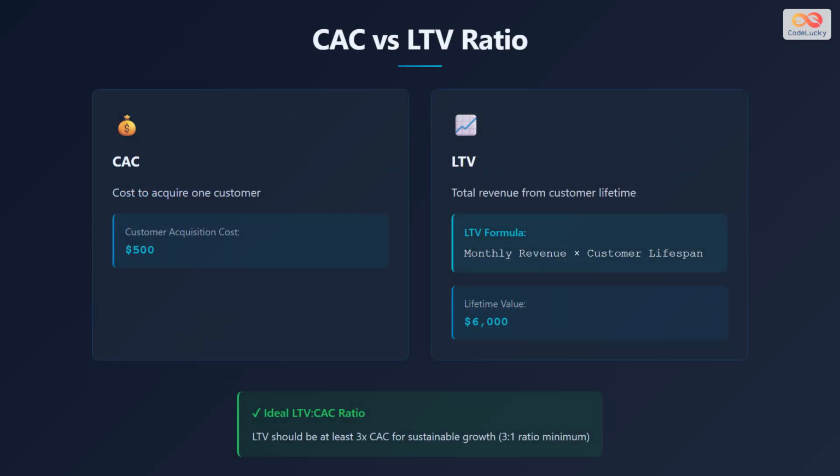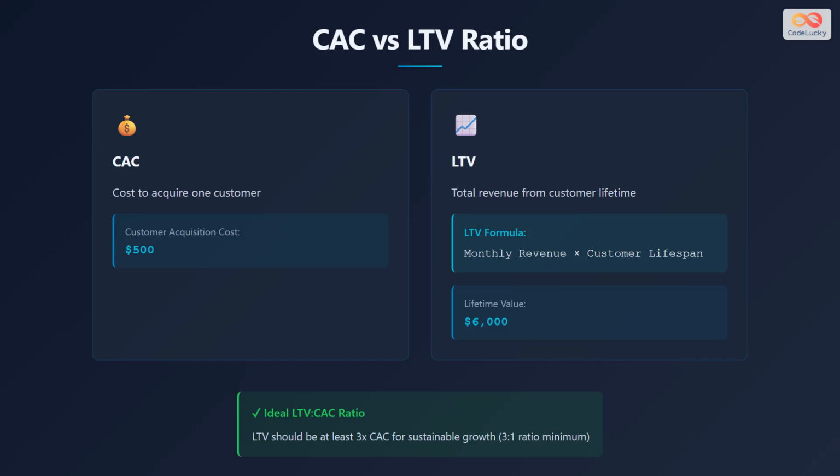Understanding CAC means nothing without comparing it to customer lifetime value, or LTV. LTV is the total revenue a customer will generate throughout their entire relationship with your company. You calculate LTV by multiplying monthly revenue per customer by their average lifespan as a customer. Let's use our example.